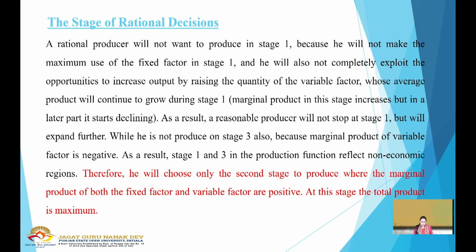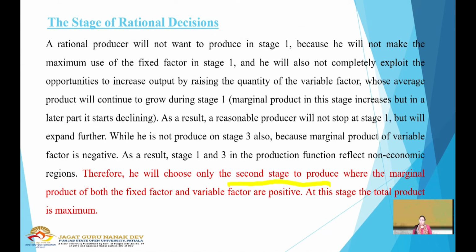As a result, stage 1 and stage 3 in the production function reflect non-economic regions. Therefore, he will choose only the second stage to produce, where the marginal product of both the fixed factor and variable factor are positive. At this stage, the total product is maximum.